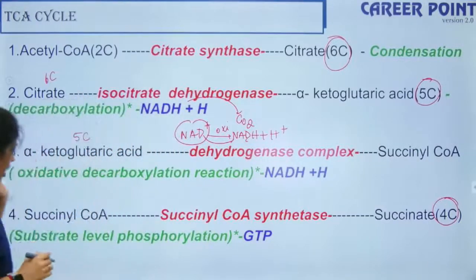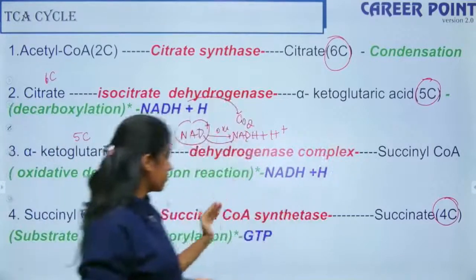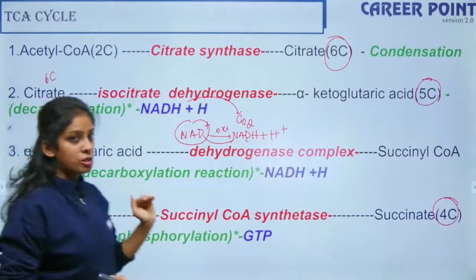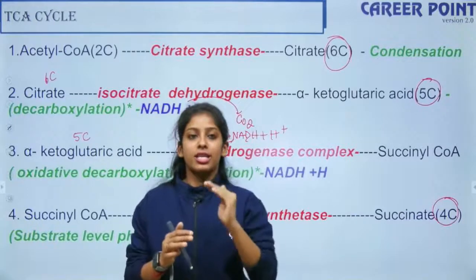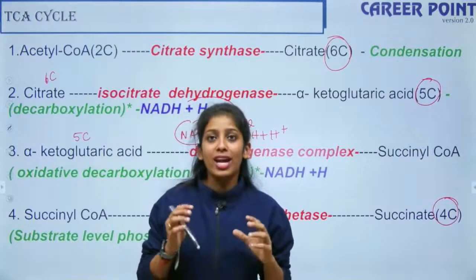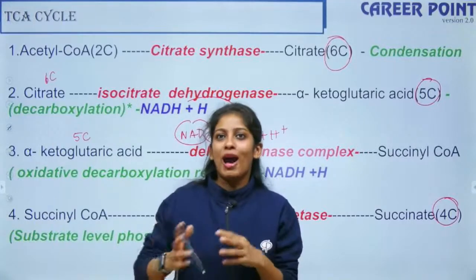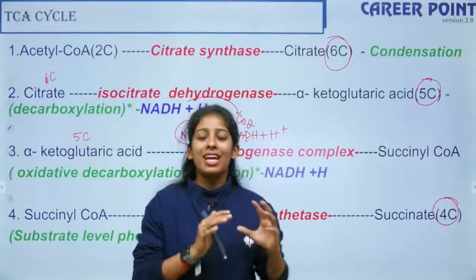Now your succinyl-CoA getting converted into succinate in the presence of succinyl-CoA synthetase is a type of substrate level phosphorylation. Substrate level phosphorylation is the reaction where your ATP is gained. Irrespective of whether you have gold, diamond, or cash, if you want to buy something, we buy in terms of cash.